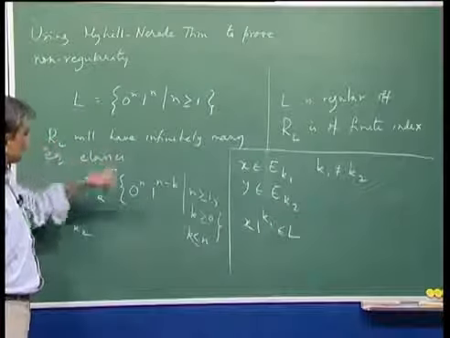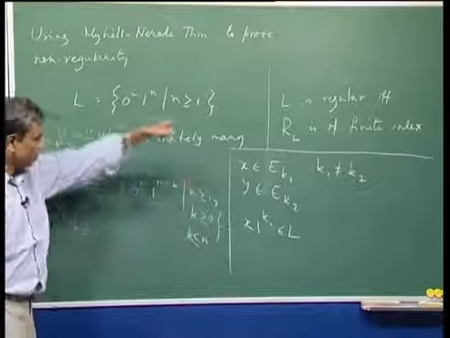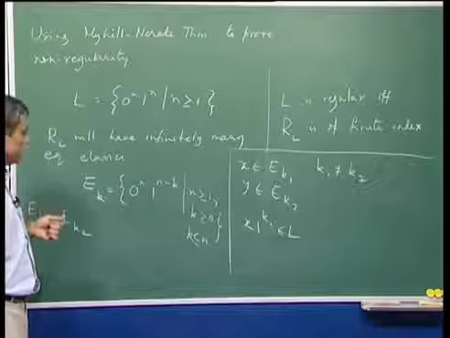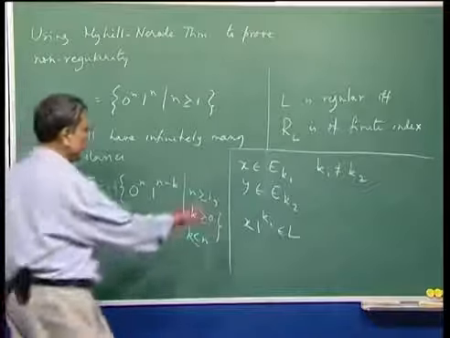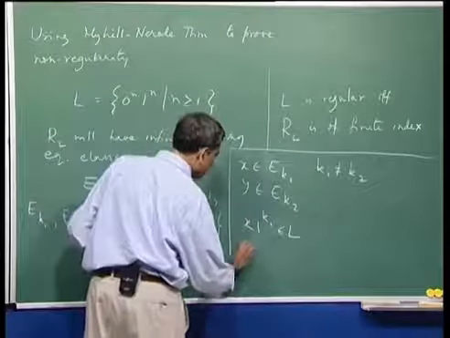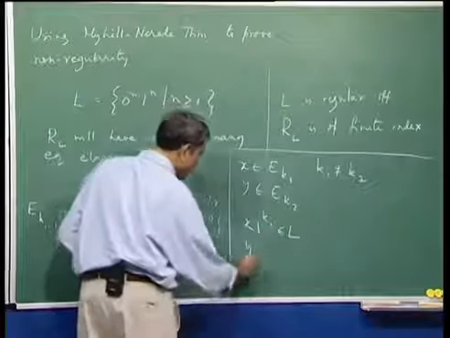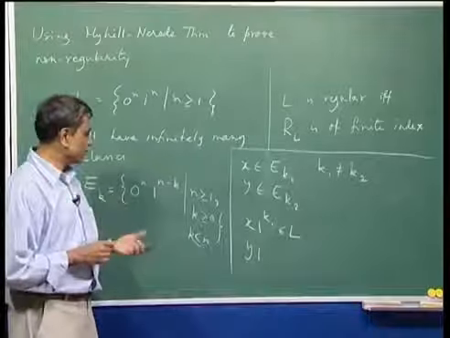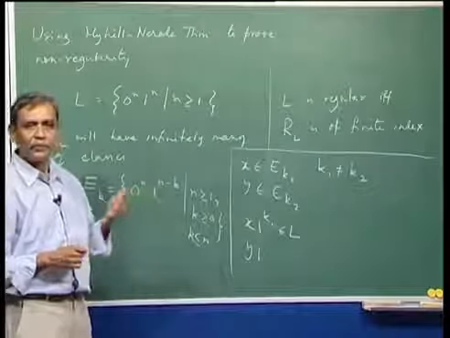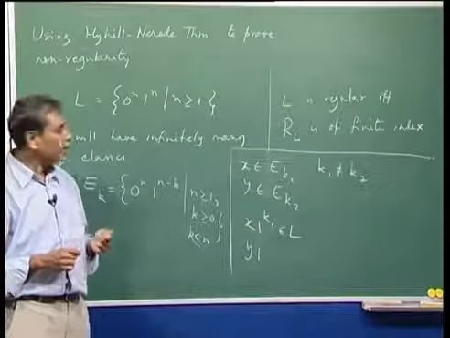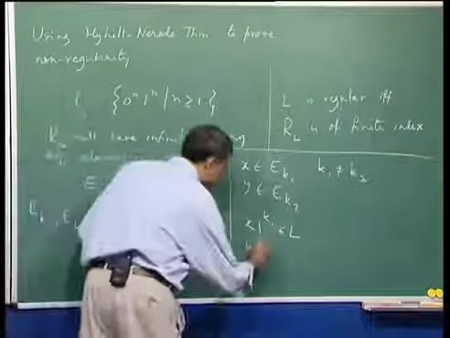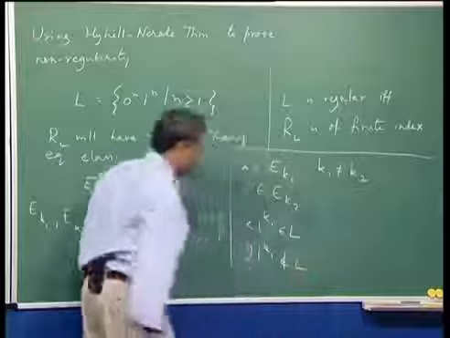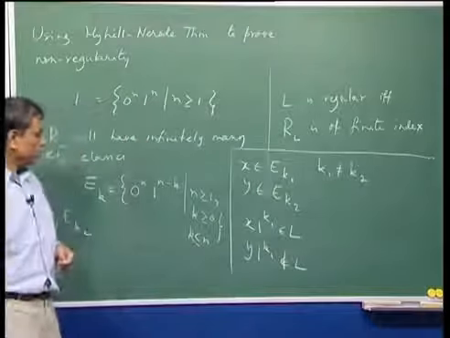Therefore, x1^k1, this string will be in the language. Whereas, if you take y from Ek2, the deficiency in the number of ones is k2, and k2 is different from k1. So this will not be in the language, right.